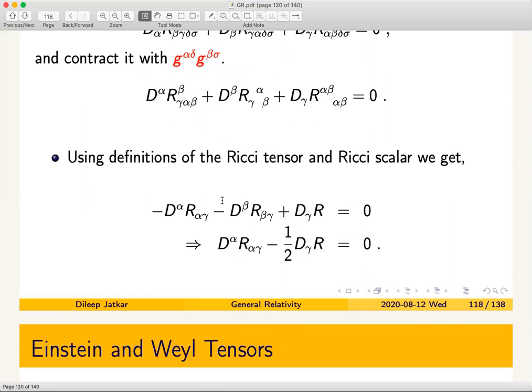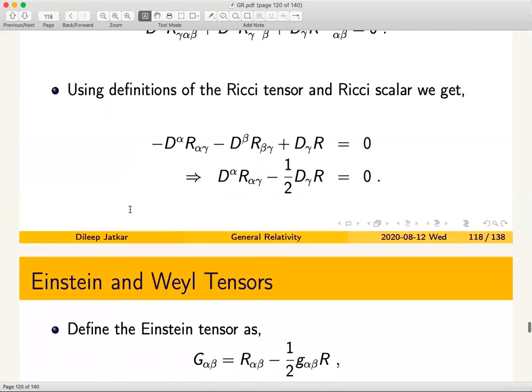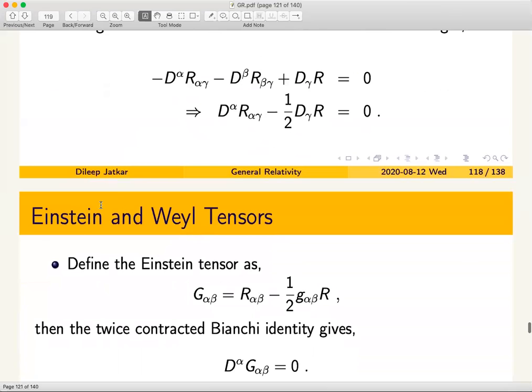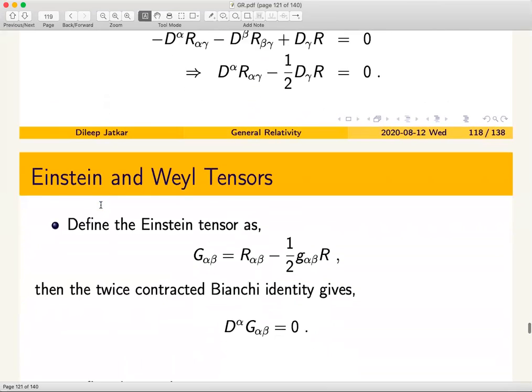So what we'll do is we'll use this equation to define new tensors. Let's define what is called the Einstein tensor. We'll write the Einstein tensor as capital G alpha beta with covariant indices, and we write that as R alpha beta minus half times G alpha beta R. This is just a definition of the Einstein tensor.